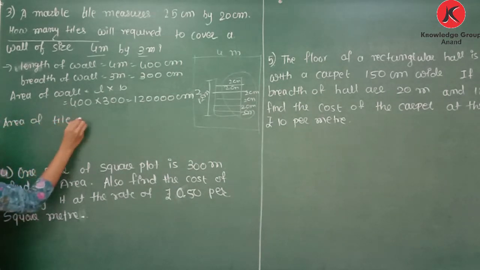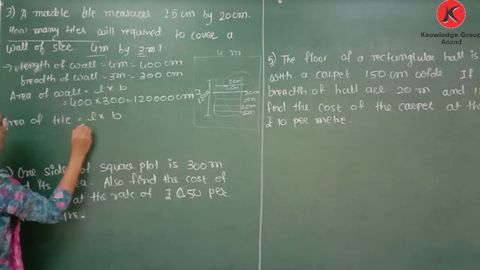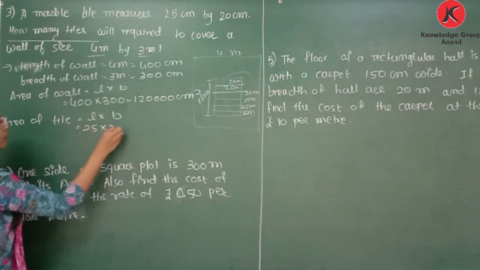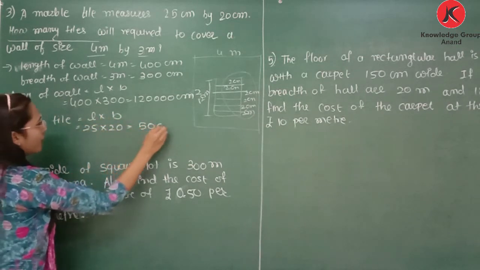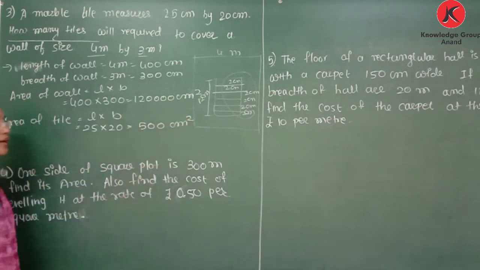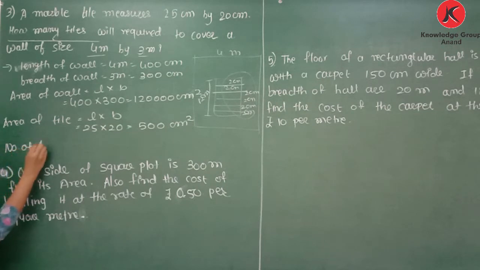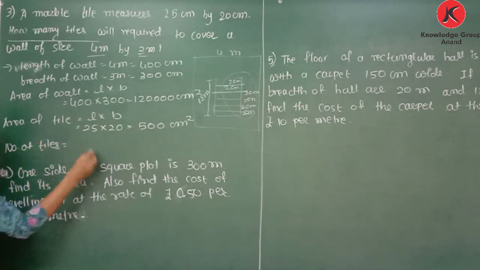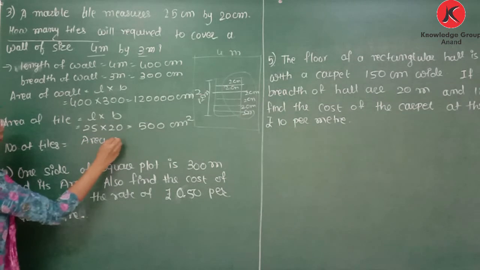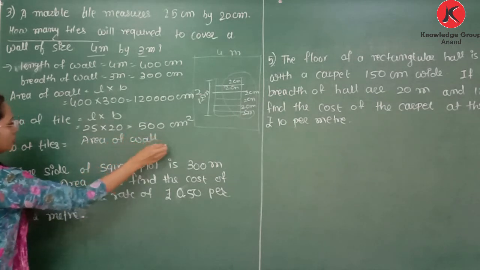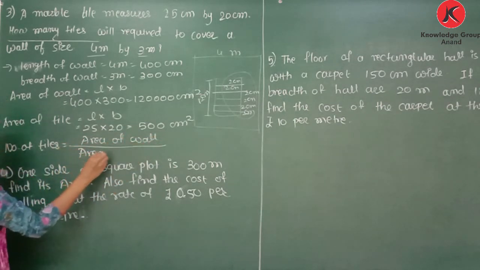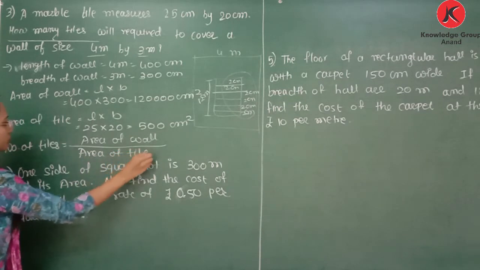Area of tile is L multiplied B. So measurements for a tile is 25 multiplied 20. So it is 500 centimeter square. So number of tiles will be area of wall divided by area of tile.